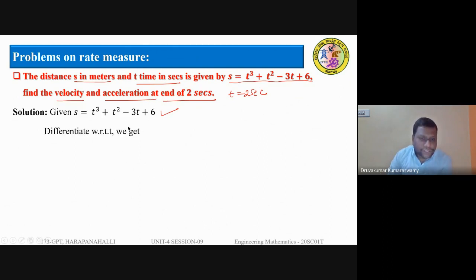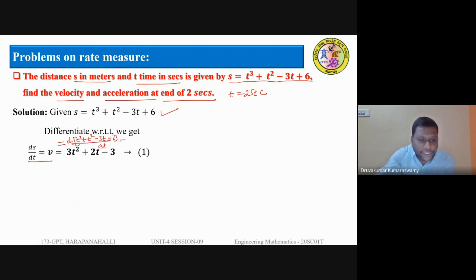Now we have to differentiate this displacement with respect to t to get the velocity. Therefore, what is velocity here? ds by dt is equal to v. Here you can write one extra step: differentiation of t cube plus t square minus 3t plus 6 with respect to t.